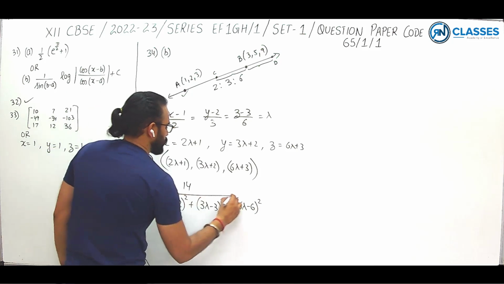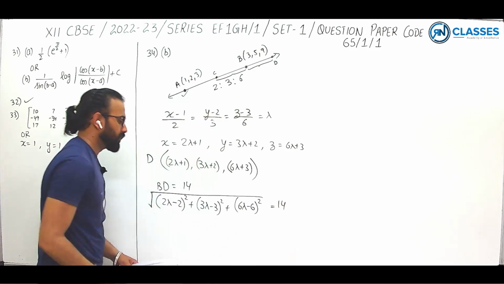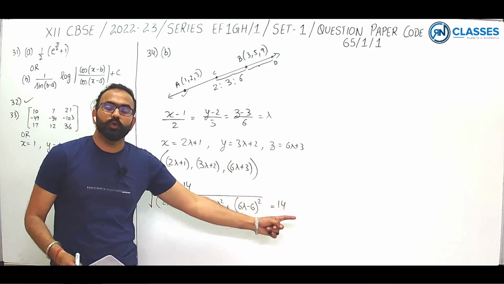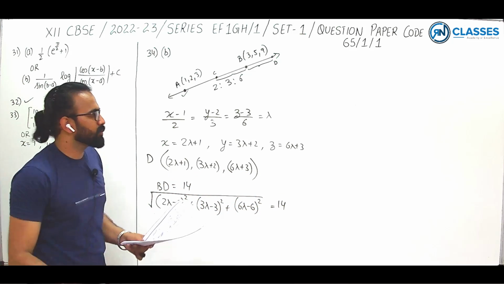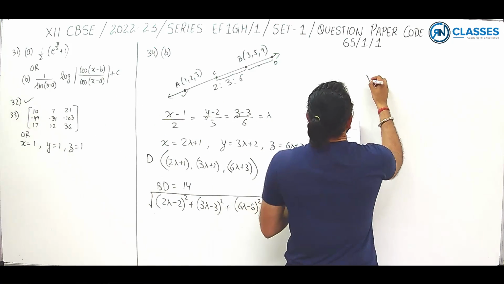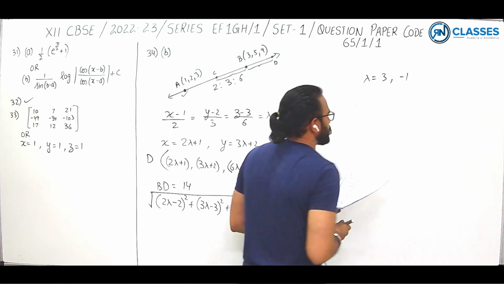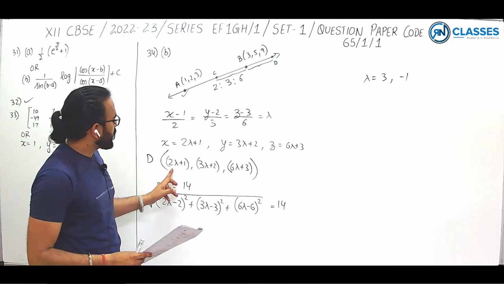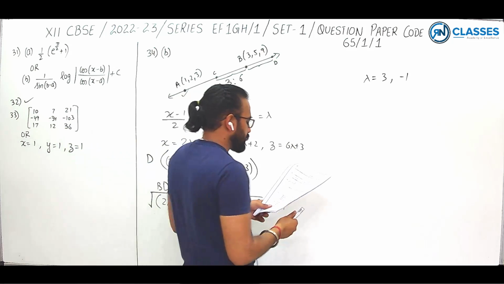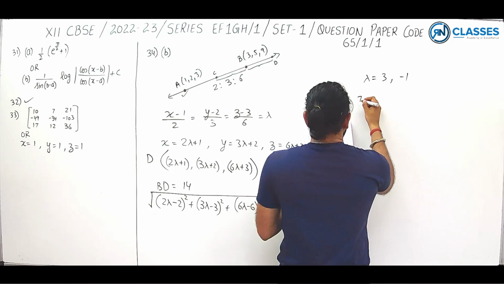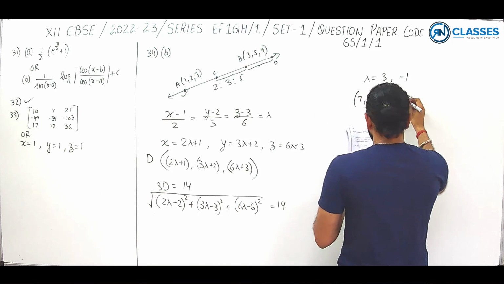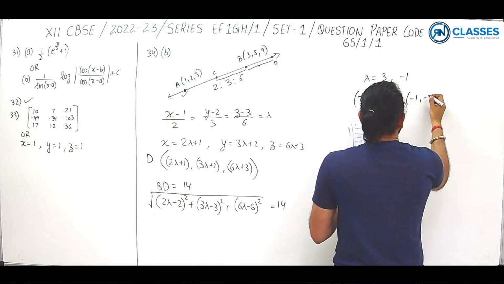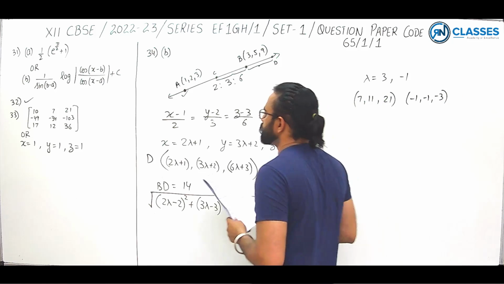Its positive square root must be equal to 14. एंड जैसे ही आप इस इक्वेशन को सॉल्व करोगे, you will get a quadratic in terms of lambda. लैम्डा की 2 पॉसिबल वैल्यूज आ जाएंगी, and they turn out to be 3 and -1. If you put value of lambda as 3, you will get coordinates of point as (7, 11, 21), and if you put lambda as -1, you will get another point on the line, that is (-1, -1, -3).